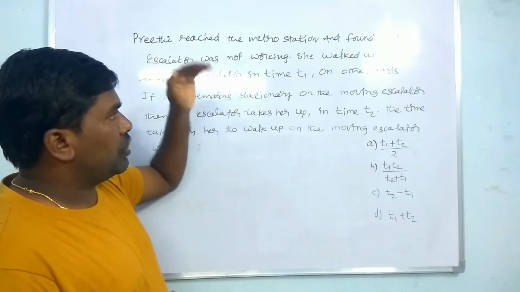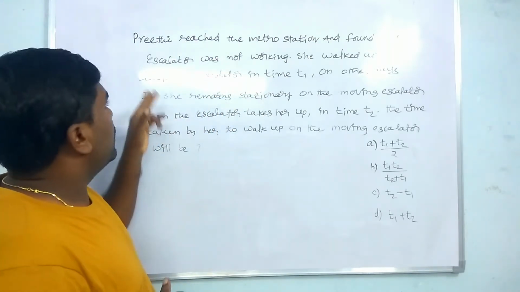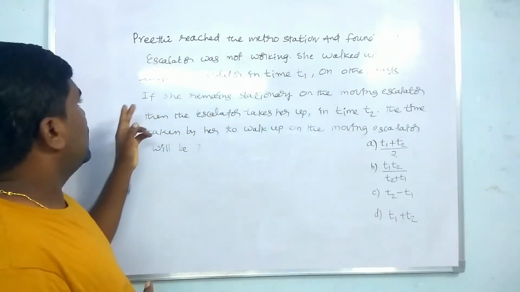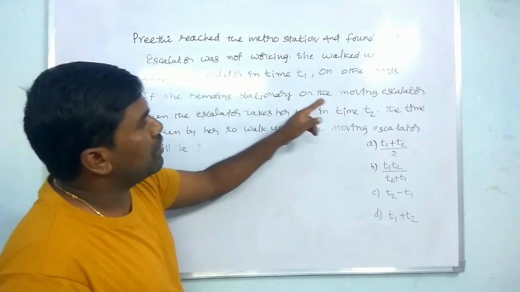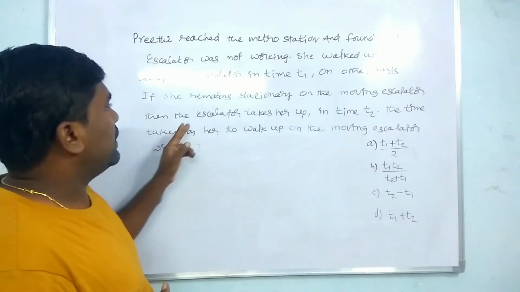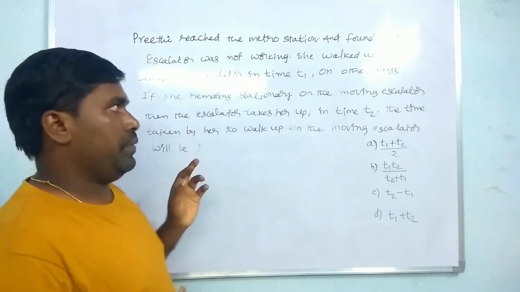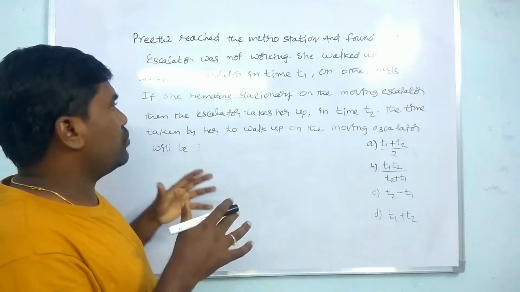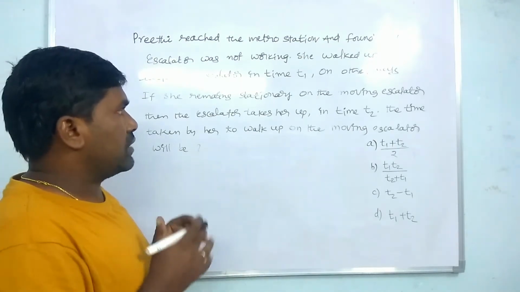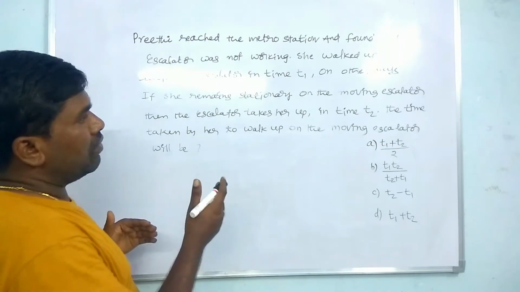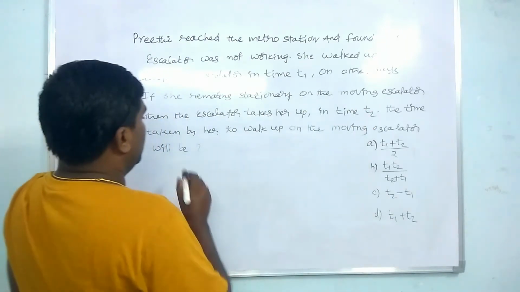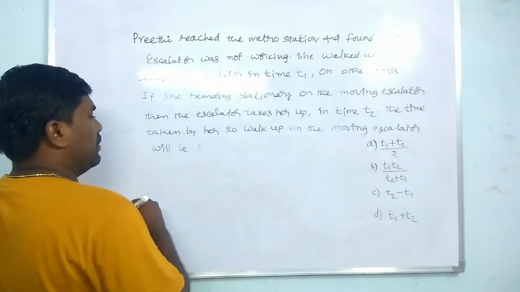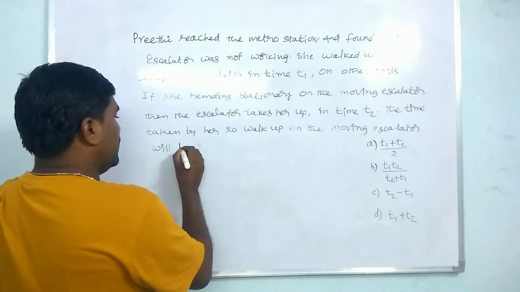On other days, if she remains stationary on the moving escalator, then the escalator takes her up in time t2. The time taken by her to walk up on the moving escalator will be, okay, do you understand?